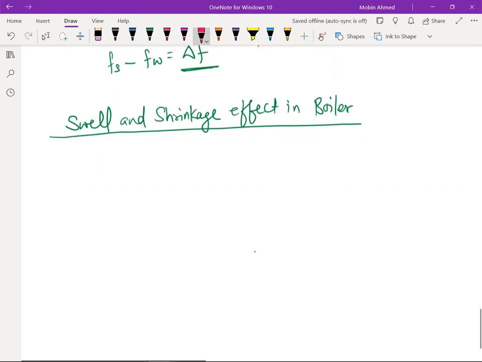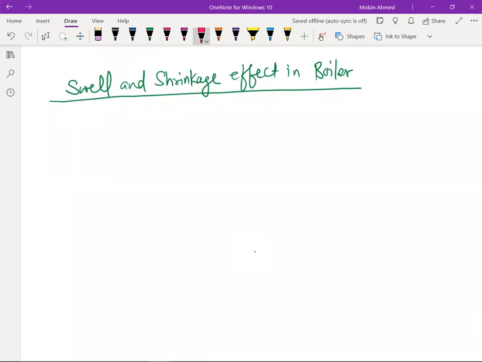Okay. If you do not know, this is also known as a disturbance. The swell and shrinkage effect always happens in the boiler, and this is known as a disturbance. Why is it happening? It happens because of a sudden increase in the steam demand.